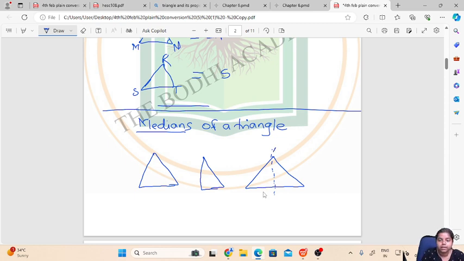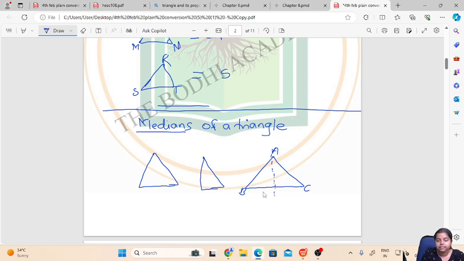Suppose we name this triangle ABC. So this line is a perpendicular bisector of the side BC. It will perpendicularly bisect this side, that is BC. Understood?